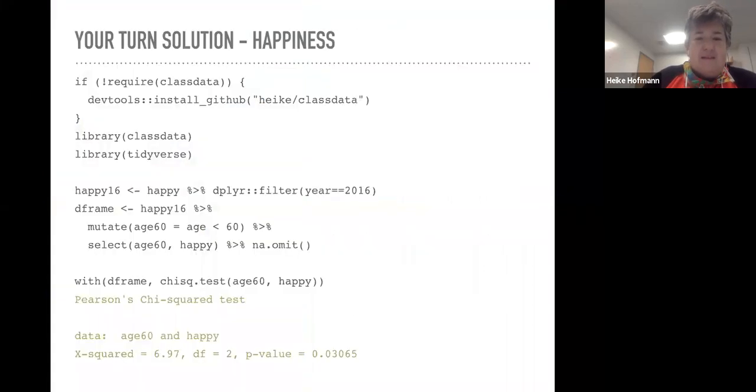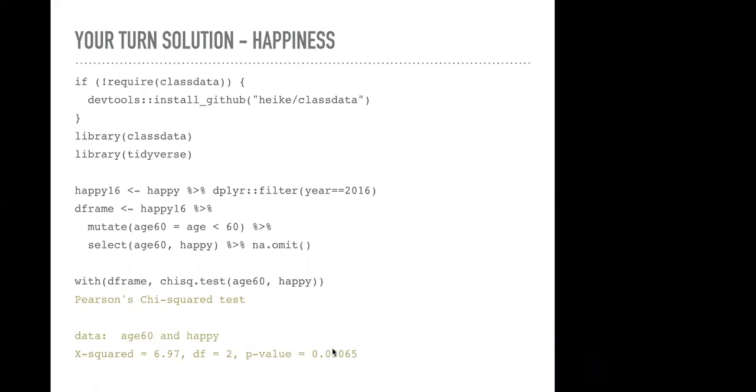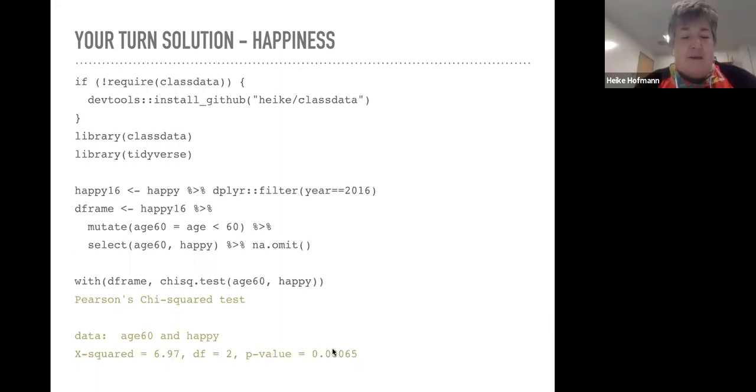So it's an event that happens quite rarely. It happens with a probability of 0.03. And in this case, we would reject the null hypothesis that happiness and age are independent, and say that there is some dependency.